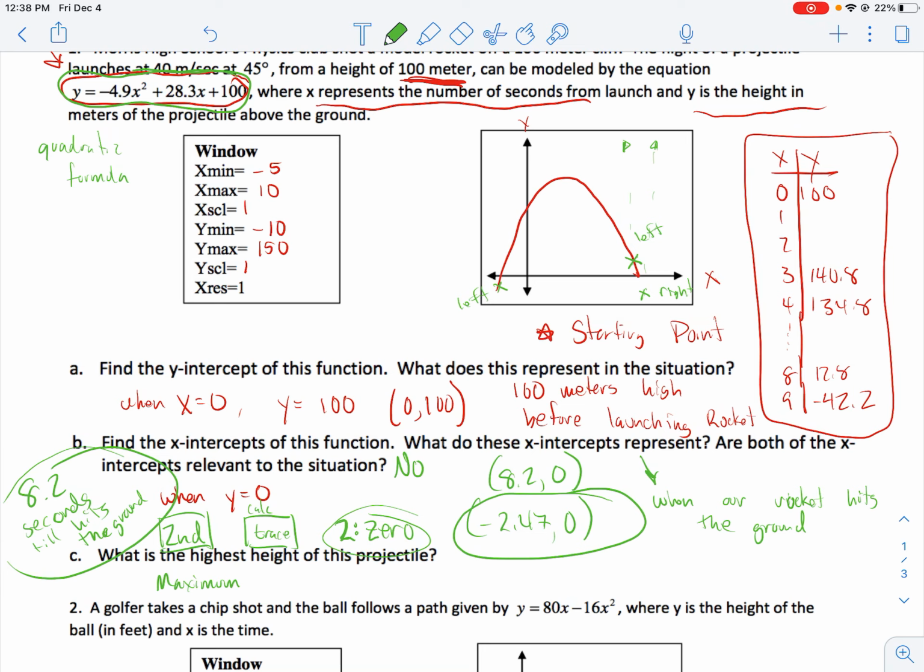Okay, and so again, our left bound, all right, we'll go to the left of our vertex. Our right bound will go to the right of our vertex. And then we're just going to guess somewhere in the middle.